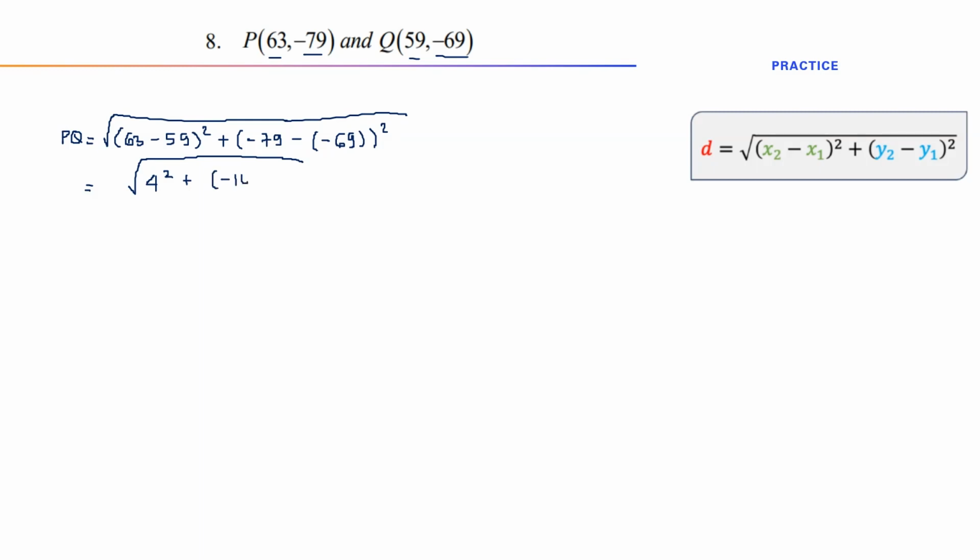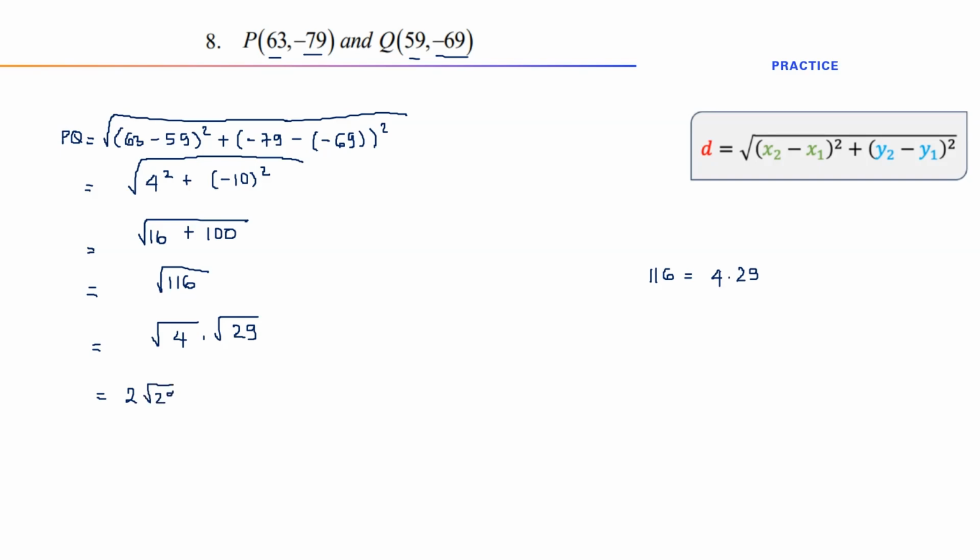That is negative 10 square. That equals 16 plus 100 under the square root, that's 116. And 116, you can break down as 4 times 29. So it will be the square root of 4 times the square root of 29, and it's 2 square root of 29.